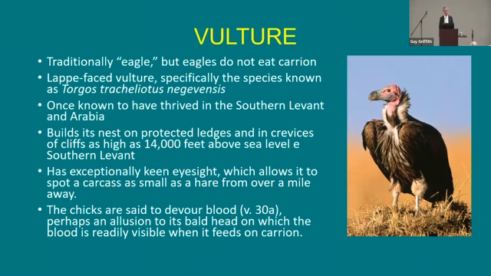You see on the right side, a leopard-faced vulture particularly refers to a species known in Israel as Torgos tracheliotus negevensis from the Negev region. This is a variety of vulture known to have thrived in the southern Levant and Arabia. It builds its nest on protected ledges and crevices of cliffs as high as 1,400 feet above sea level.